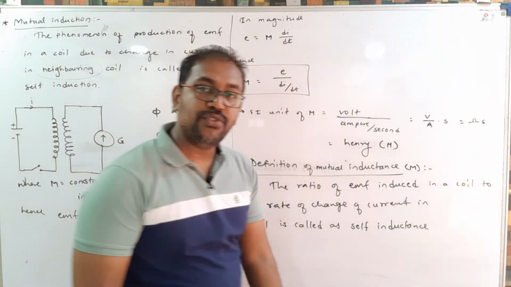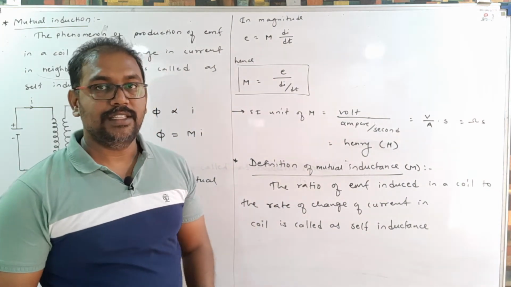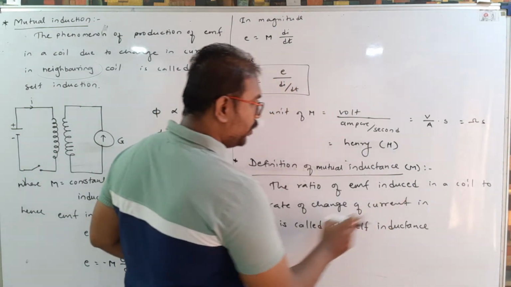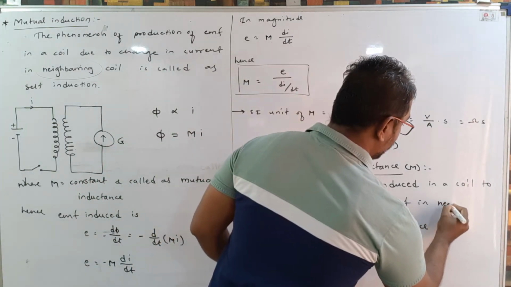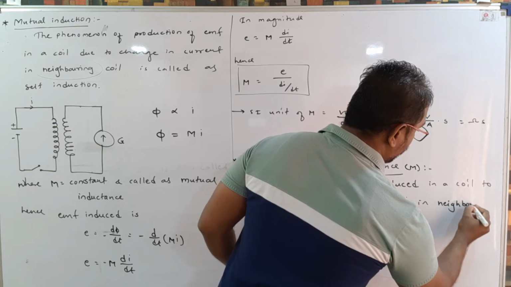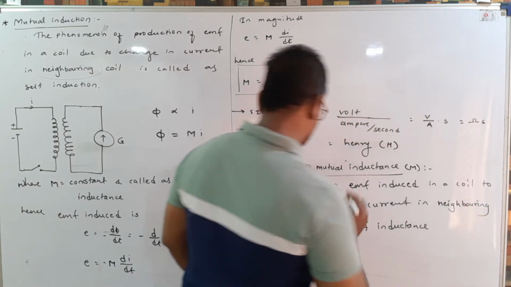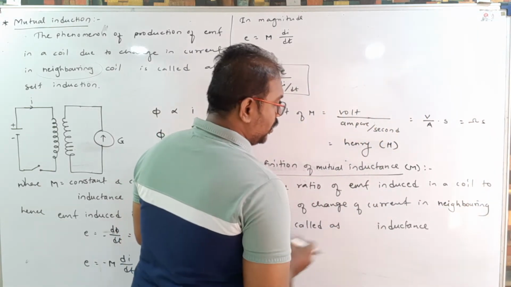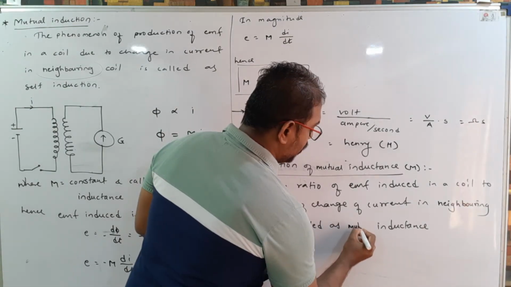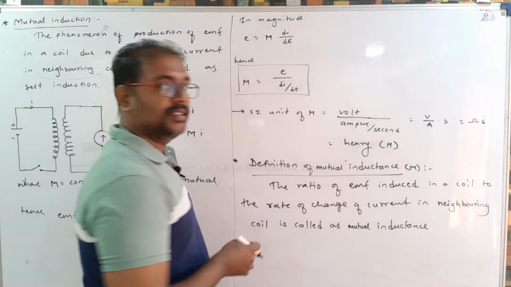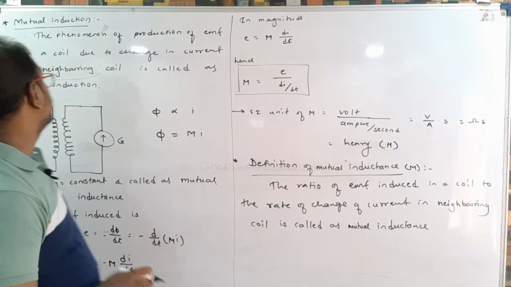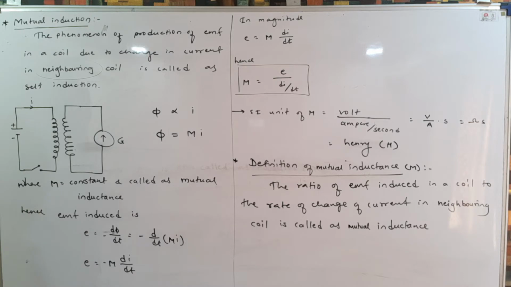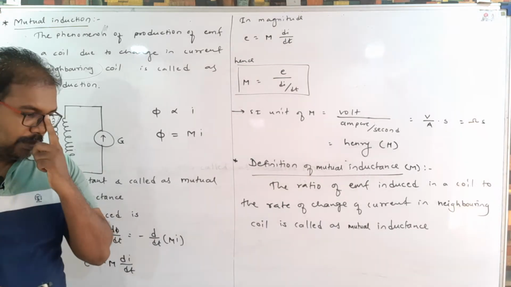Means EMF is induced in one coil and current is changed in the other coil. So this is the definition. I hope everyone understood what mutual induction means. This article is very much similar to the article self induction.